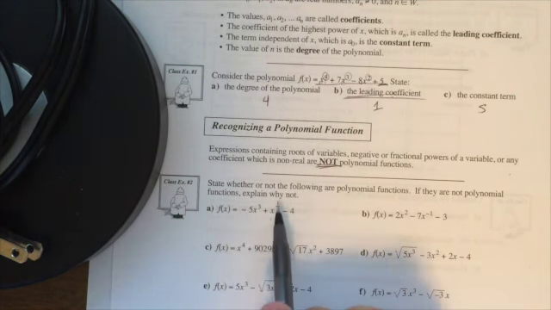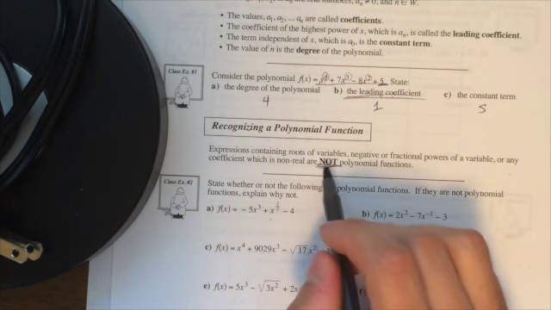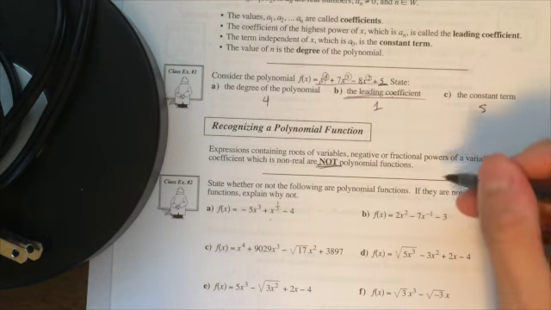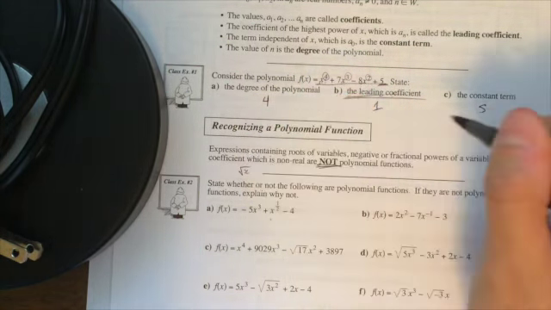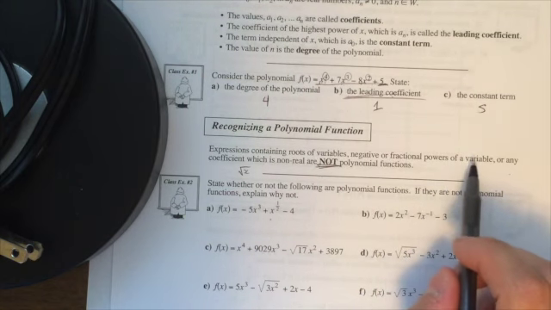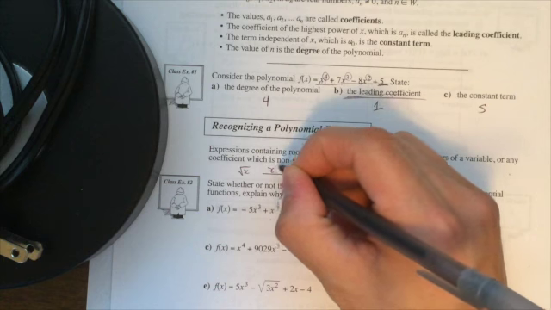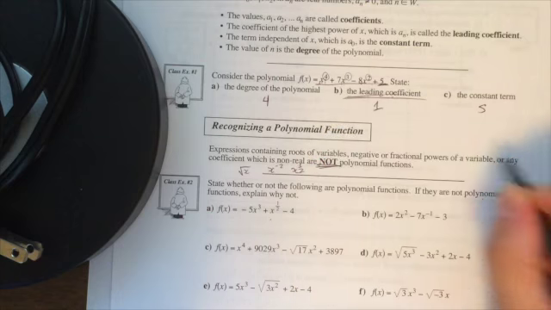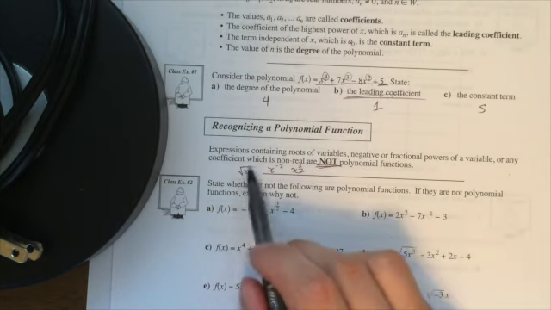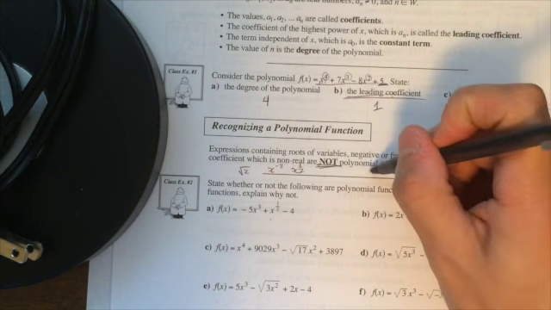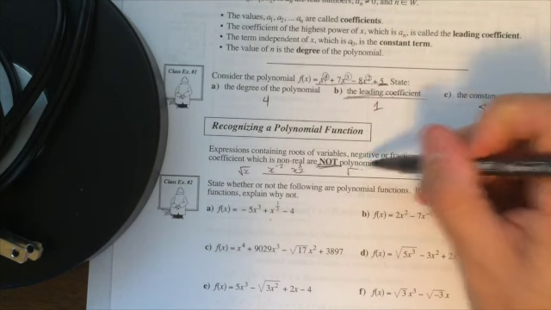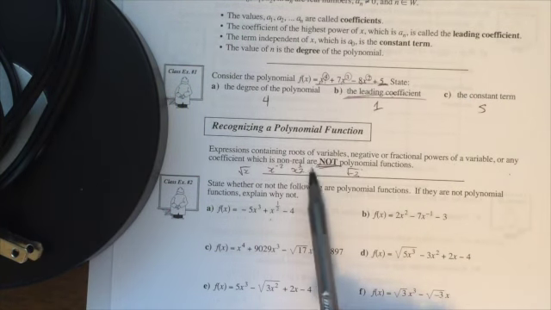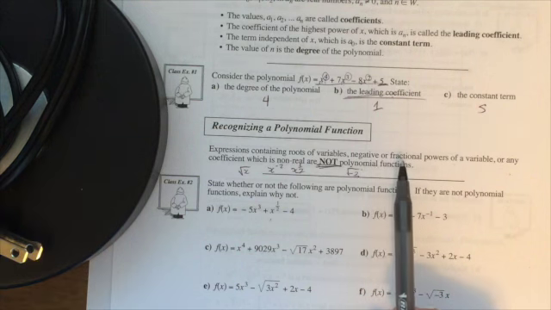If I have an expression that contains roots of variables, for example square root of x, negative or fractional powers of a variable, so if I have x to the negative 2 or x to the 1/2, or any coefficient which is non-real, like square root of negative 3, then those are not going to be polynomial functions.